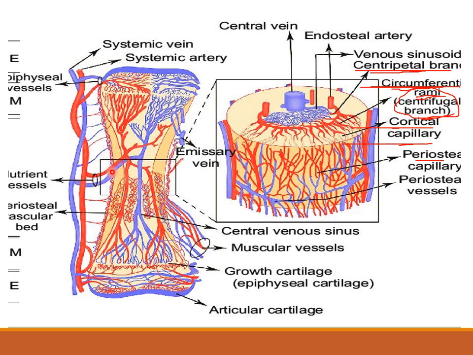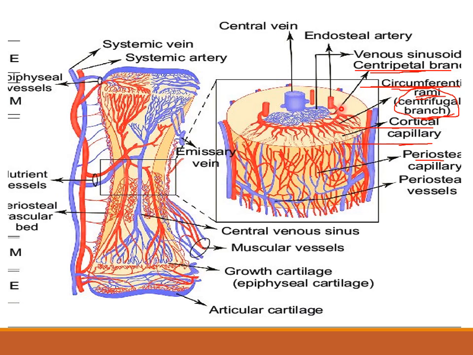Centrifugal blood flow means the blood is moving from the inner to the outer side, towards the periphery. So these are labeled as centrifugal branches as well.